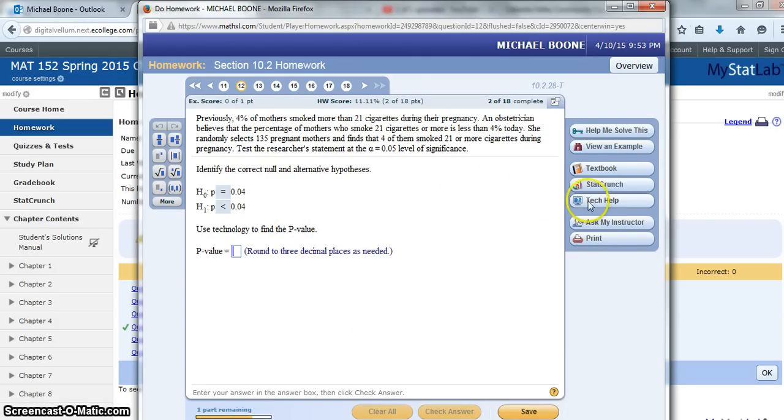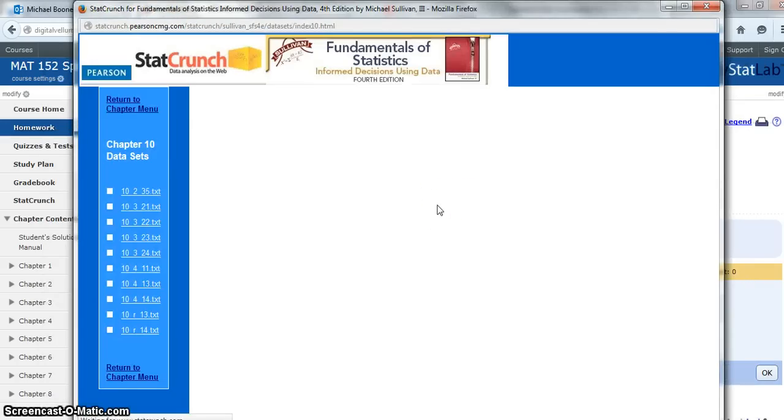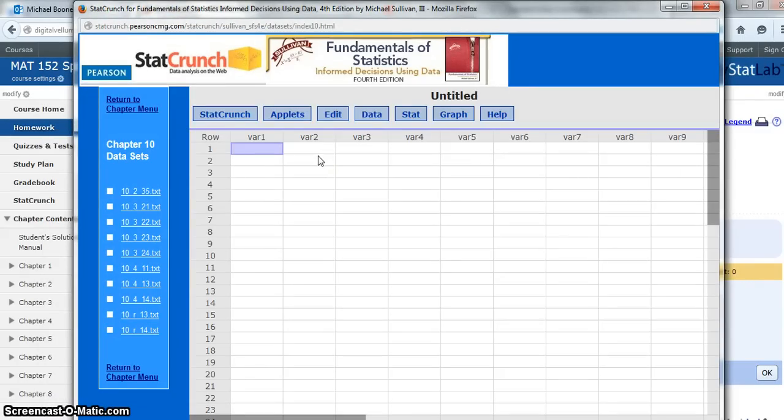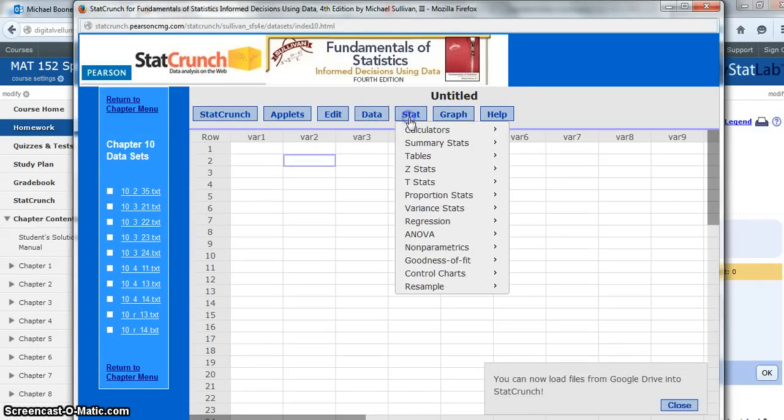And then find a p-value. So I'm going to go to my StatCrunch. So let's look at our information. A sample size of 135, and 4 of them smoke 21 or more cigarettes. So 4 out of the 135. So in StatCrunch, I go to proportion stats because I'm dealing with proportions.